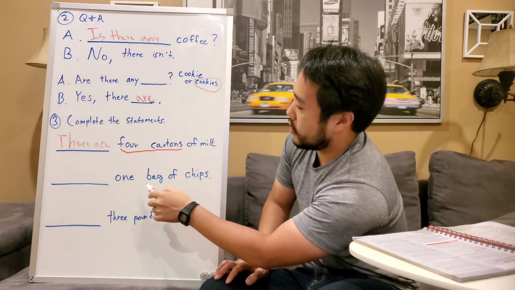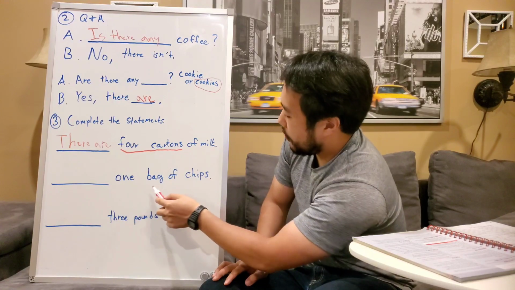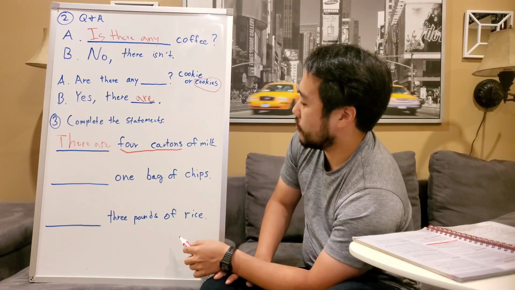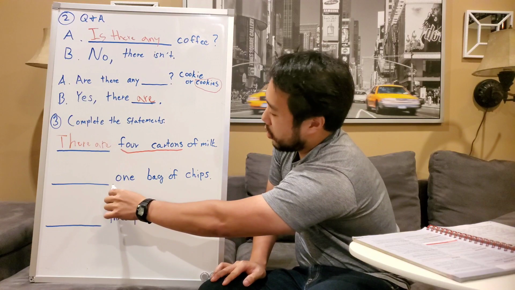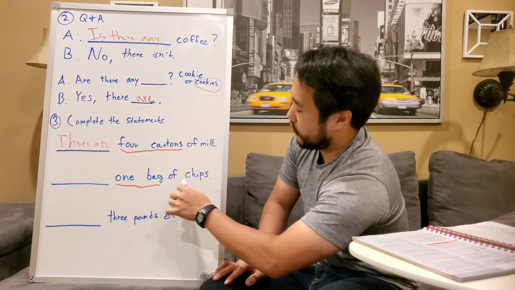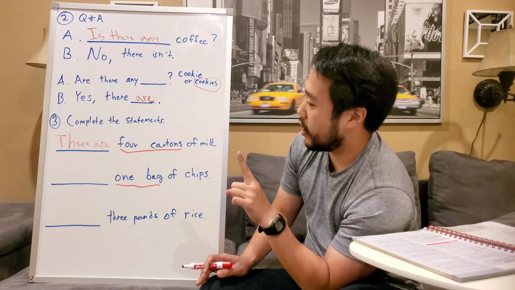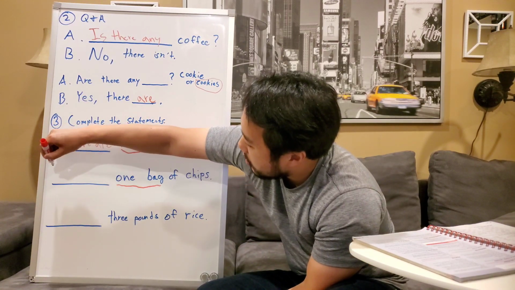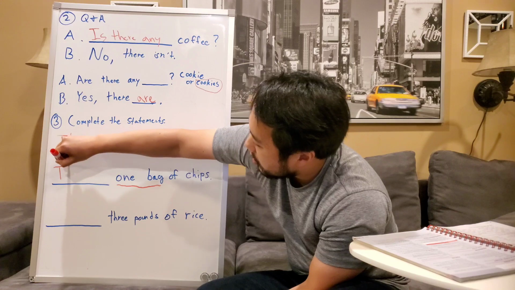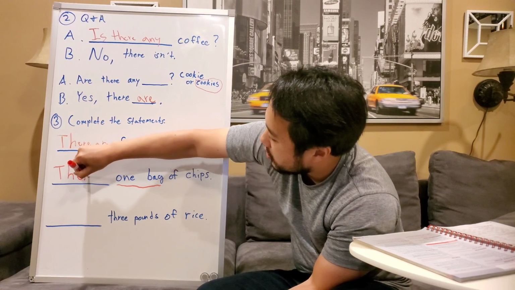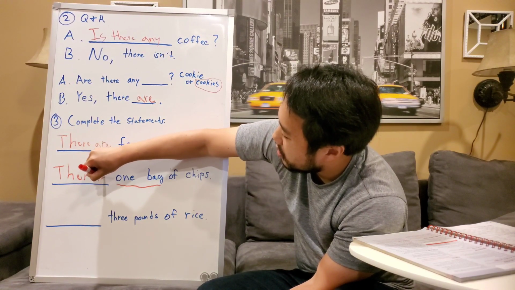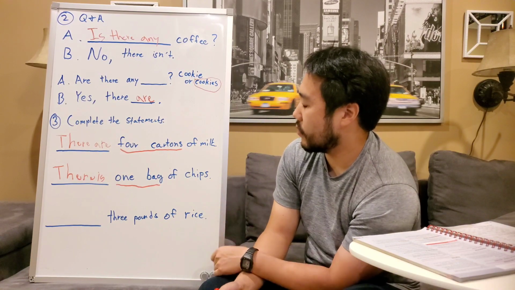Let's look at here. Blank, 1 bag of chips. The unit is 1 bag, so there's only one. So we say there is 1 bag of chips.